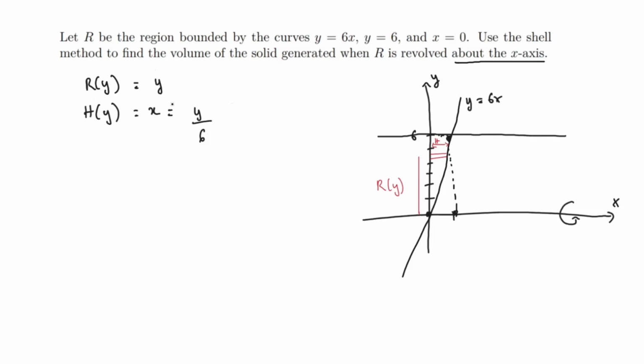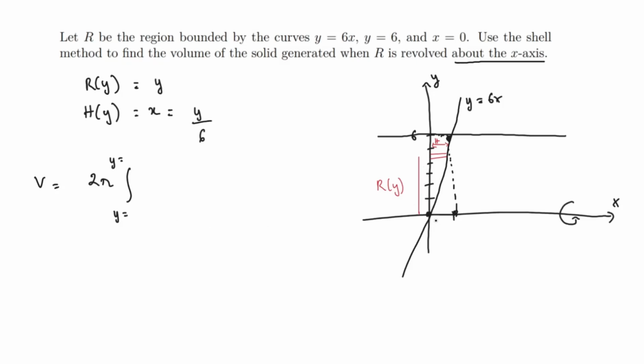So h of y equals x, and I transform x to y over 6 because the integral has to be in terms of y instead of x. So the volume is 2 pi, the integral from y equals something to y equals something.